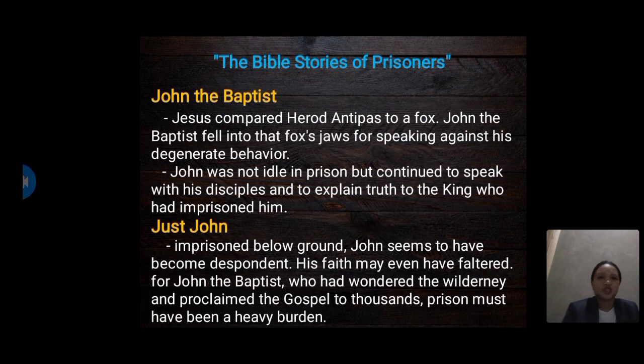Imprisoned below ground, John seems to have become despondent. His faith may even have faltered, for John the Baptist, who had wandered the wilderness and proclaimed the gospel to thousands, prison must have been a heavy burden.